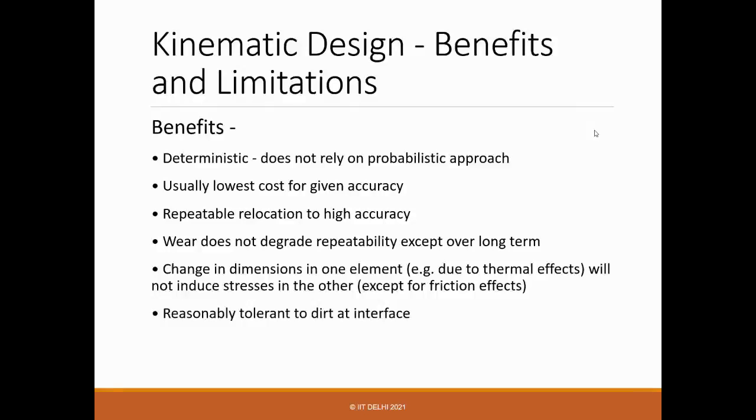Of course, there is no free lunch, as some senior professor used to say. Many times it's a give and take. You do something and you lose something. So what are the benefits? Why are we talking so much about kinematic design or exact constraint design? So the benefit is that it is deterministic.